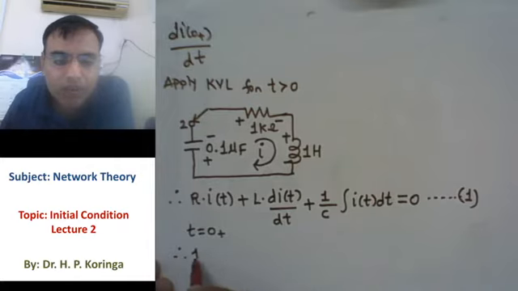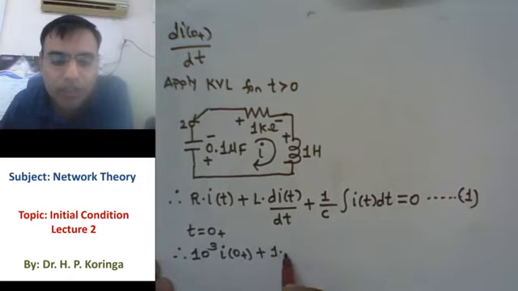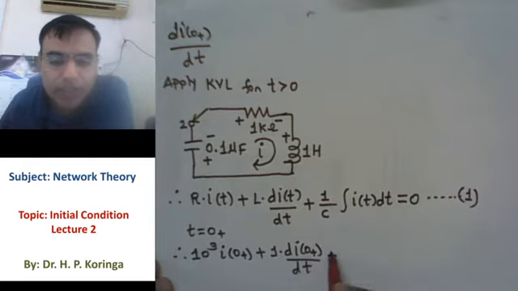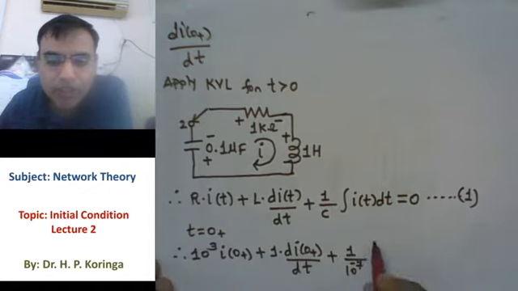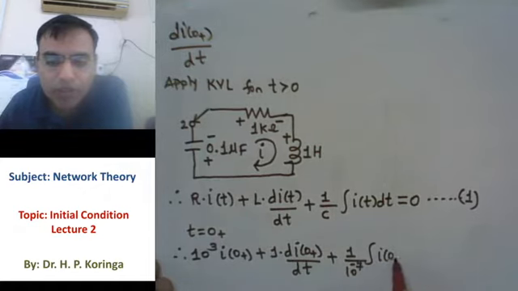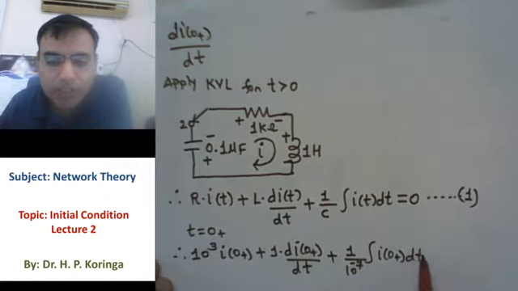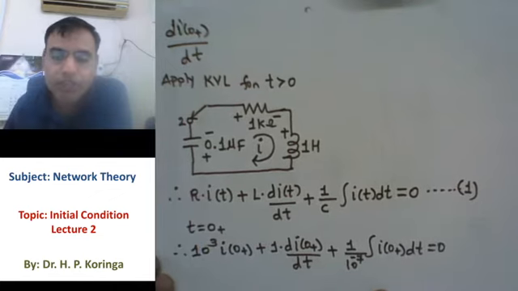R is 1 kilo ohm, so it is 10 raised to 3 I(0+) plus L is equal to 1 into di(0+)/dt, and C is equal to 1 microfarad, or let's say 10 raised to minus 7, integration of I(0+) dt is equal to 0.